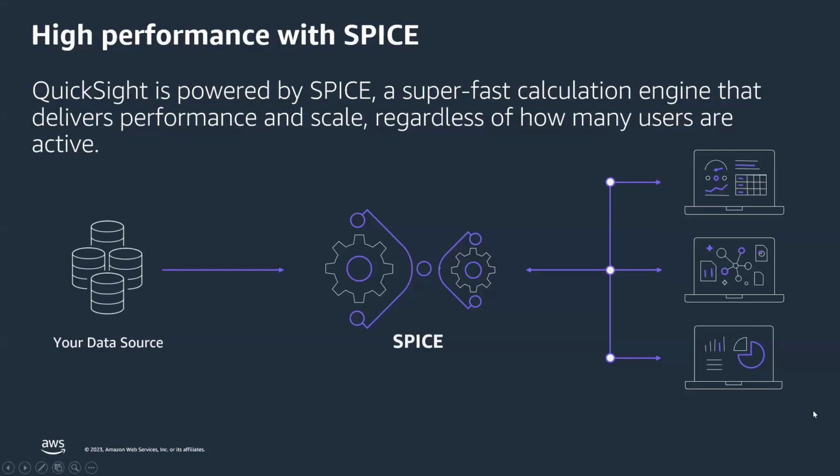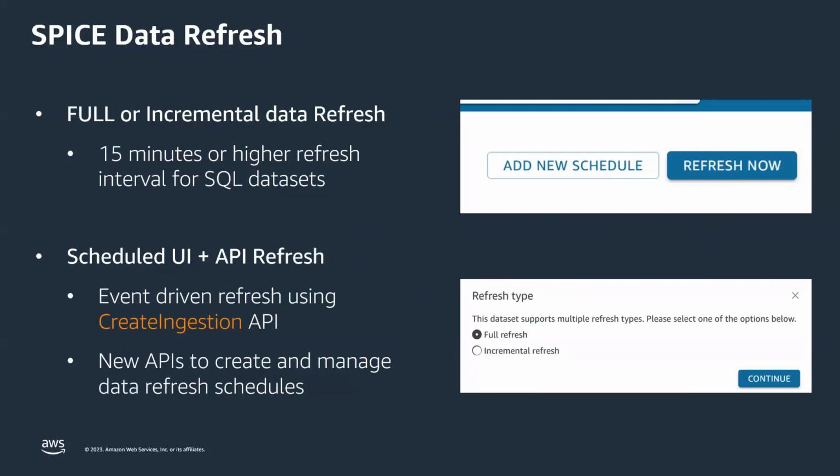So let's look at the next section. Once you ingest data into SPICE, you want to be able to refresh that data, right? Because you're ingesting it from your database to SPICE, which is an in-memory data store. You can refresh SPICE data sets either full or incremental, both.